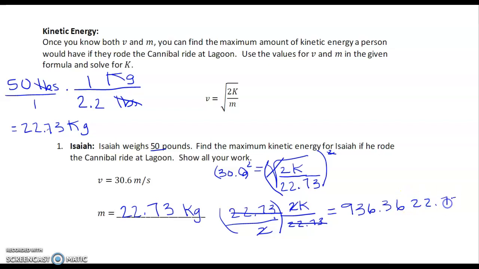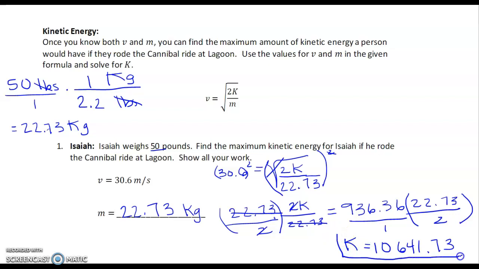So 22.73 over 2 times 936.36 over 1, and then we'll multiply. 22.73 divided by 2 times 936.36 is going to be 10,641.73. So that's K, or our kinetic energy for that one.